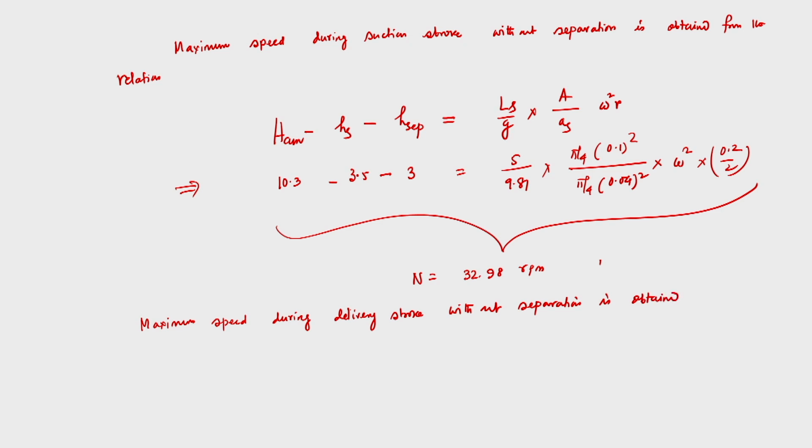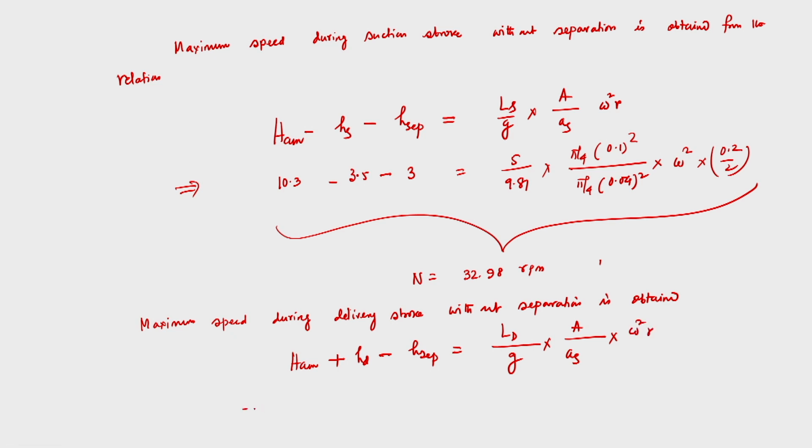How? Because atmospheric pressure plus the static height of the delivery tank minus H separation is equal to LD, the length of the delivery pipe, divided by g, into A divided by AS, into omega square into r.